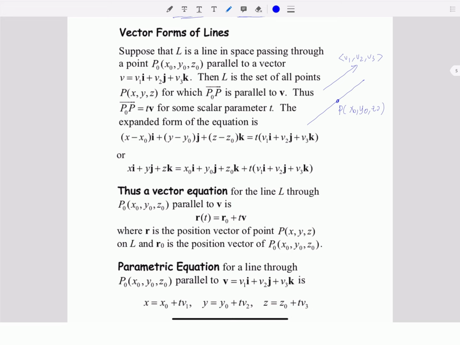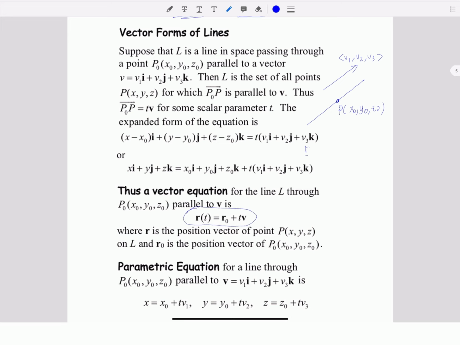The minimum requirement to get the equation in vector form is one point on the line and one vector parallel to the line. So we can write it in vector form.